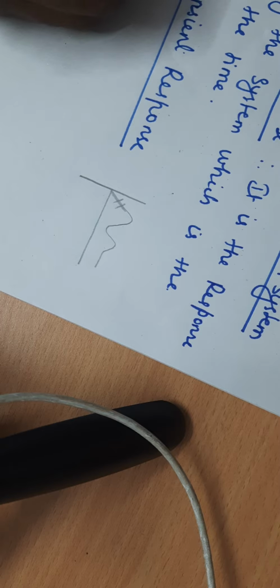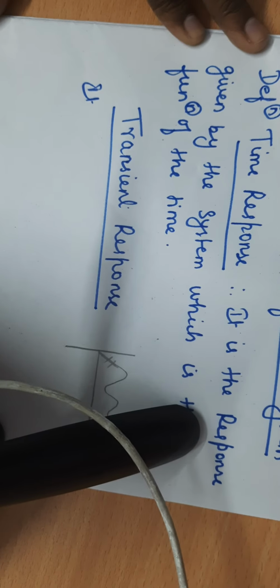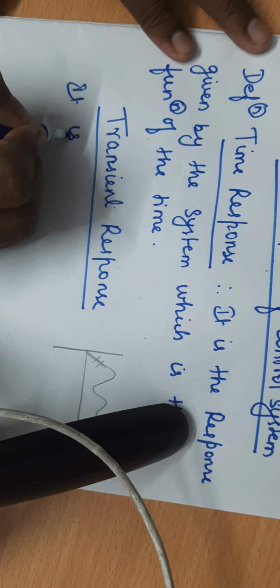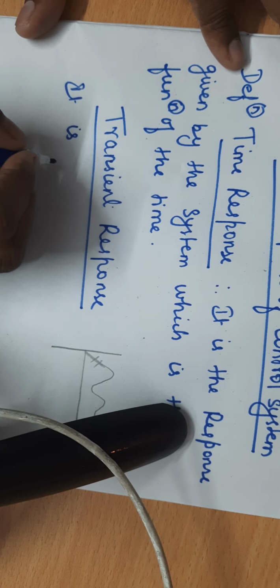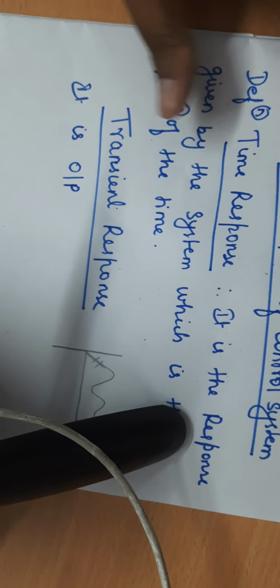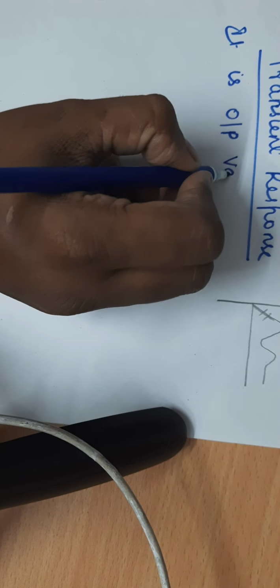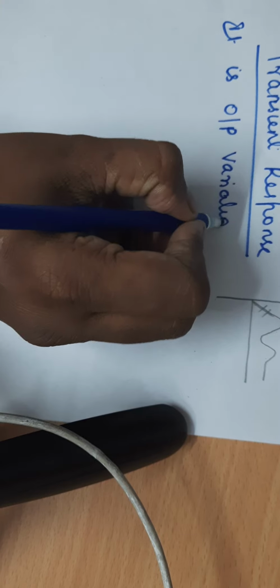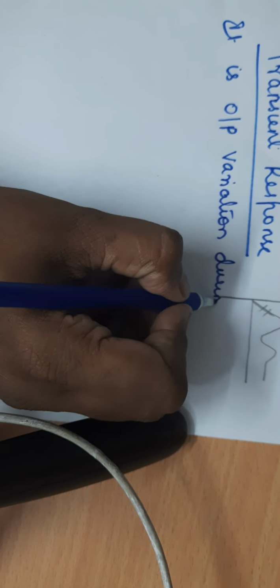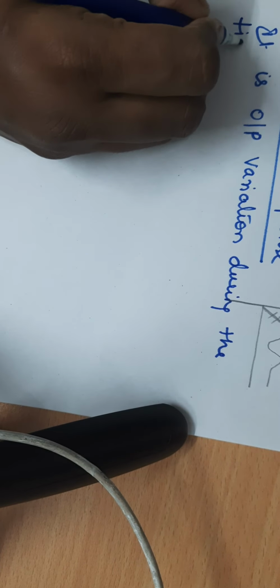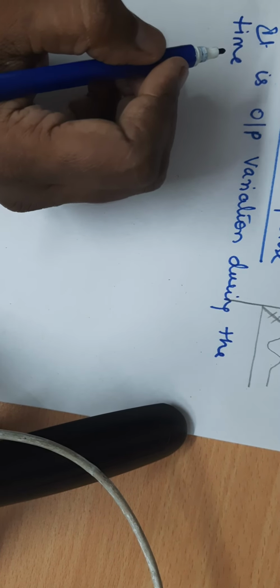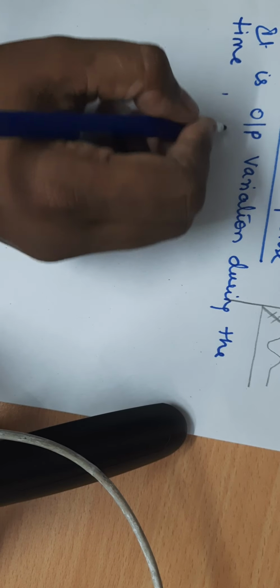It is the output variation during the time. Everything we are measuring with respect to time here. During the time it takes to achieve the final value.